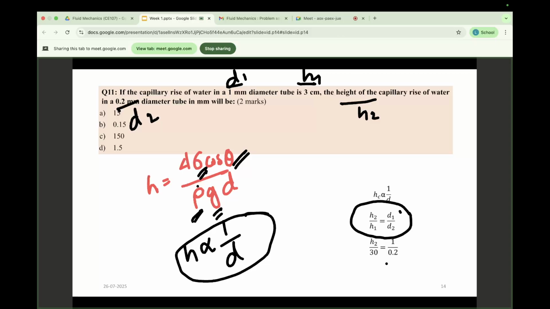So if you put it here, you will get the answer. 30 by 0.2, that means 300 by 2, which is 150. So our correct answer is 150. So why did you get 30? Because it is in centimeters. So we have to convert it into mm.